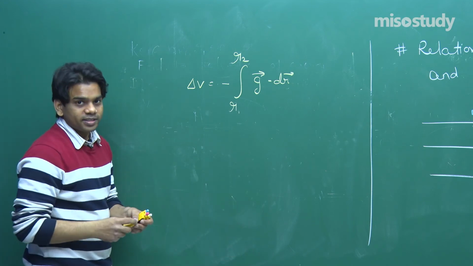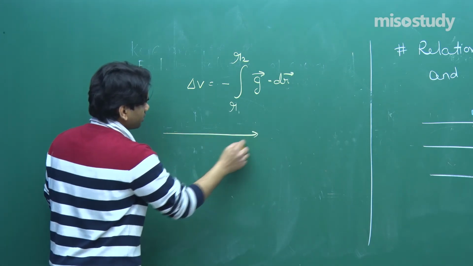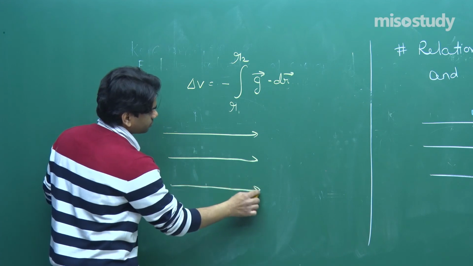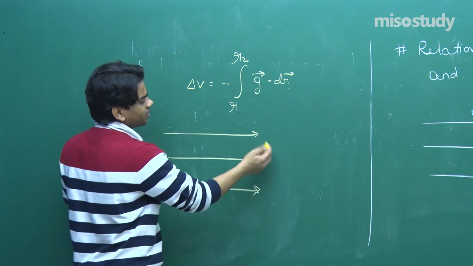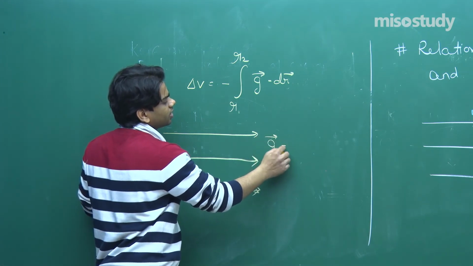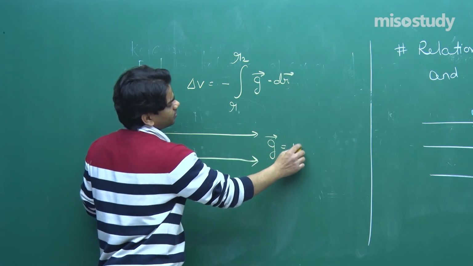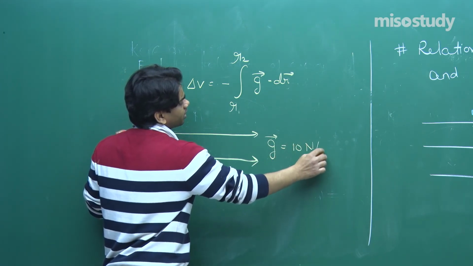Suppose field is constant and this is the gravitational field. Let's say the field is constant and the value of g is 10 Newton per kg.